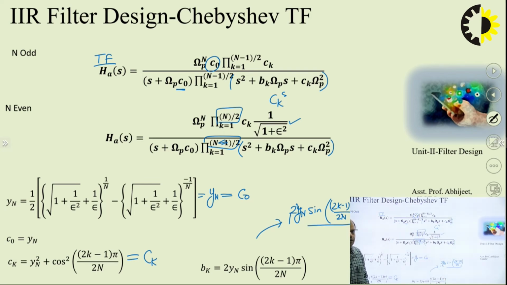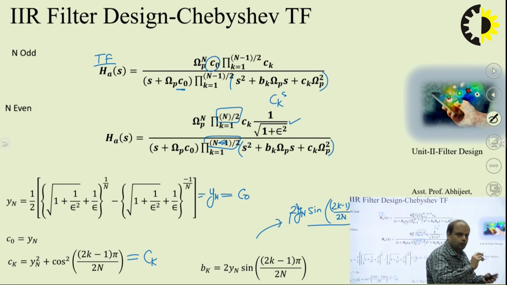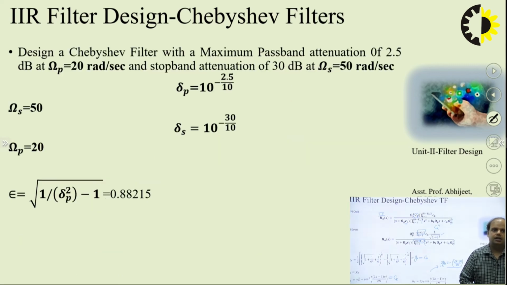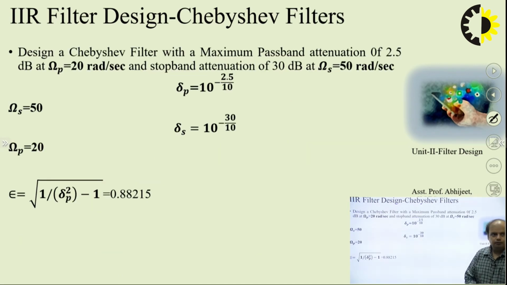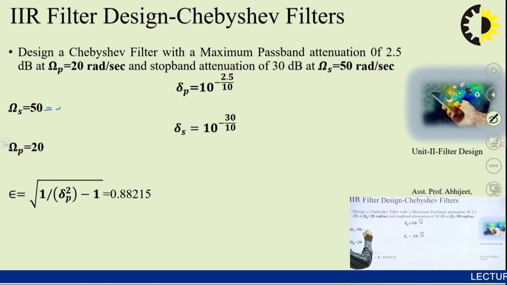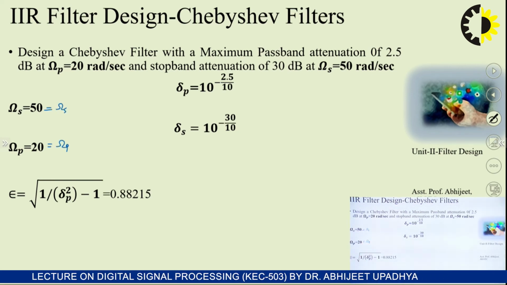It is just yn that has been compensated for, and that yn is also equal to C0, and ck's can be evaluated using cos square plus yn square. So if I have all this, I can directly write the transfer function of the Chebyshev filter for designing the infinite impulse response filter. Suppose that omega s is 50 and omega p is 20 radians per second.